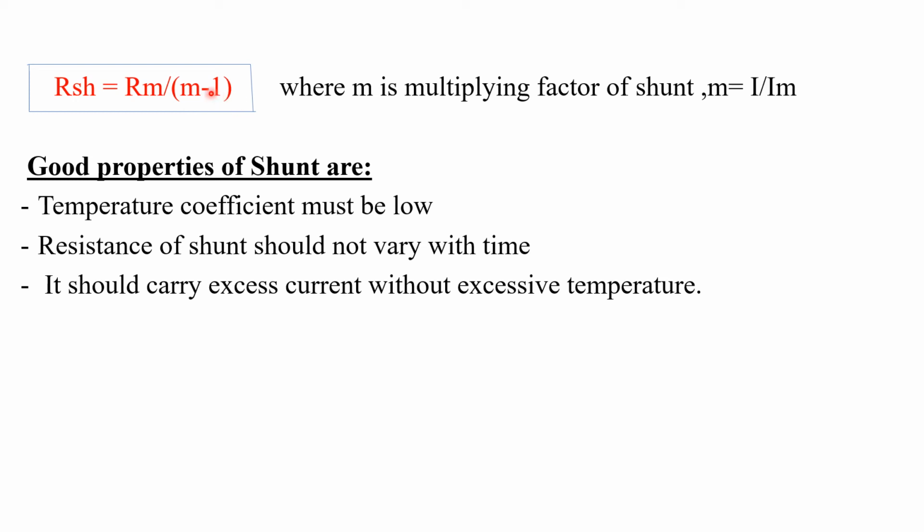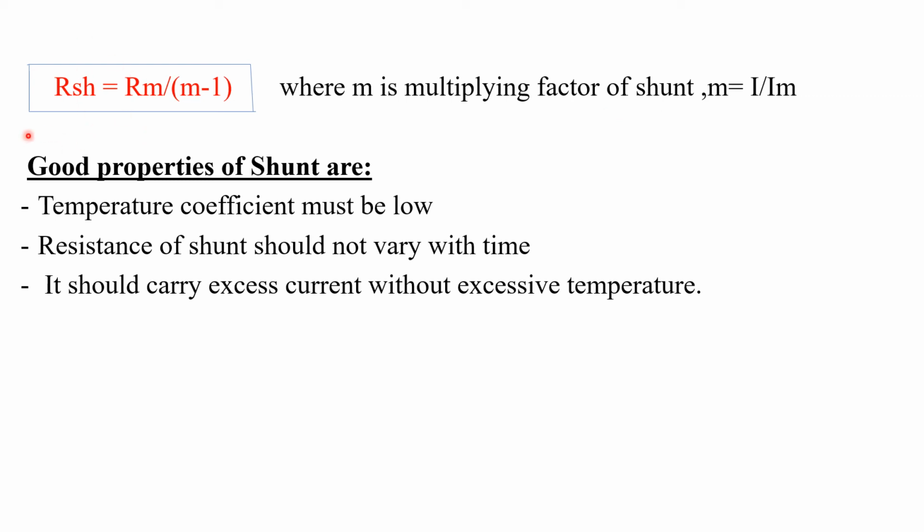Here M is the multiplying factor of the shunt, and its value is M is equal to I divided by Im. I is the total current that flows through the circuit, or I is equal to Im plus ISH, and Im is the current that flows through the meter. So M is the multiplying factor of the shunt.